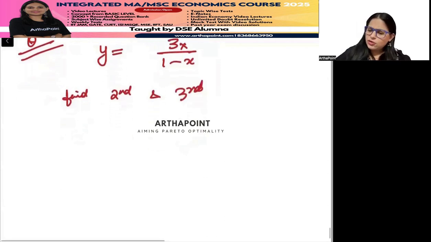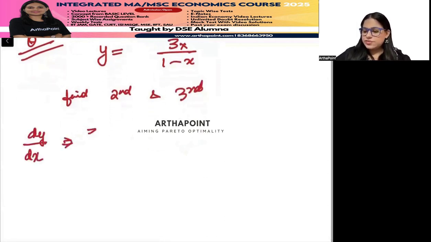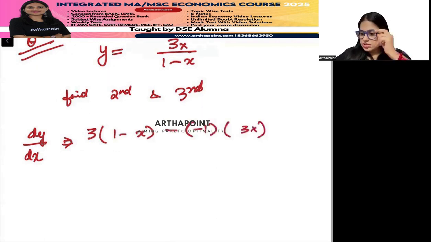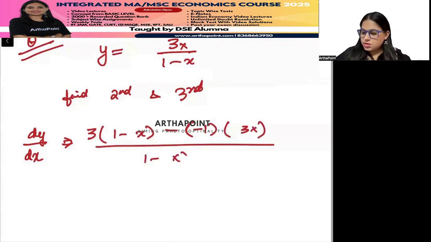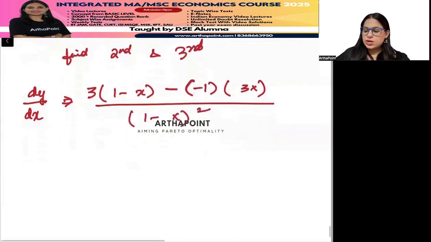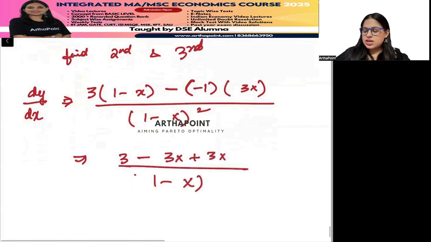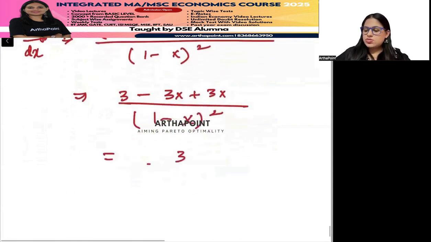First find dy by dx: differentiation of numerator, denominator as it is, minus differentiation of denominator, numerator as it is, upon denominator whole square. This is going to be 3 minus 3x plus 3x upon 1 minus x whole square, which is 3 upon 1 minus x whole square.